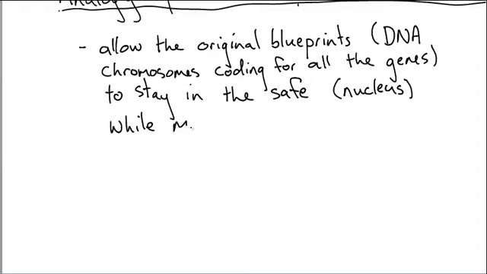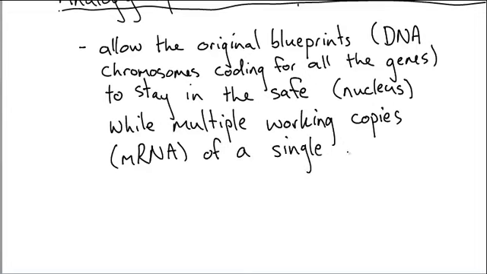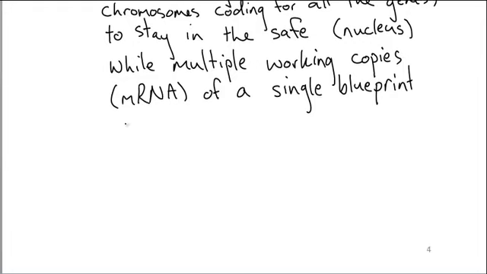While multiple working copies, that would be what molecule? It's correct, mRNA, of a single blueprint. What would a single blueprint represent? So not the entire chromosome, but just a gene.